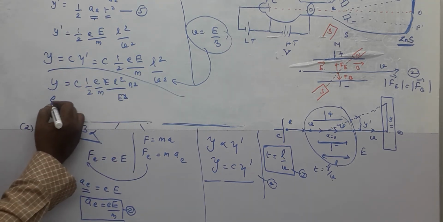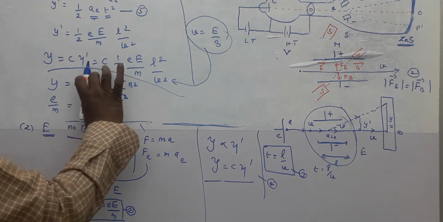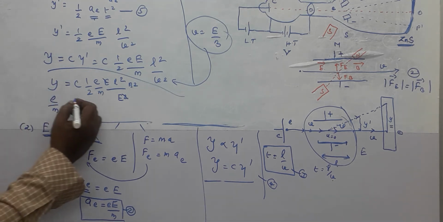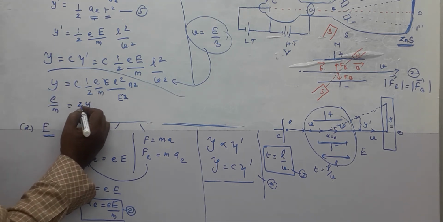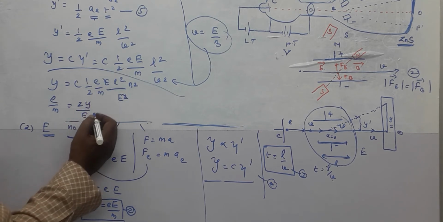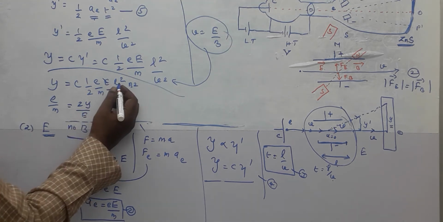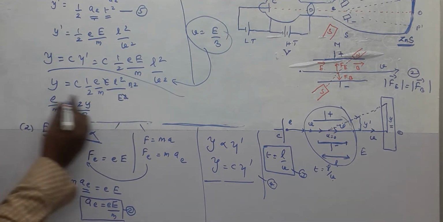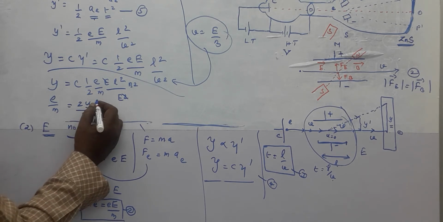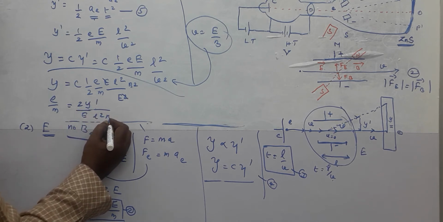But we want to know the specific charge of an electron. You have to keep e by m on the left hand side itself, and bring all the remaining terms to the right hand side. And what happened? 2y by E, and here the L square B square goes downwards, therefore 1 by E L square B square.